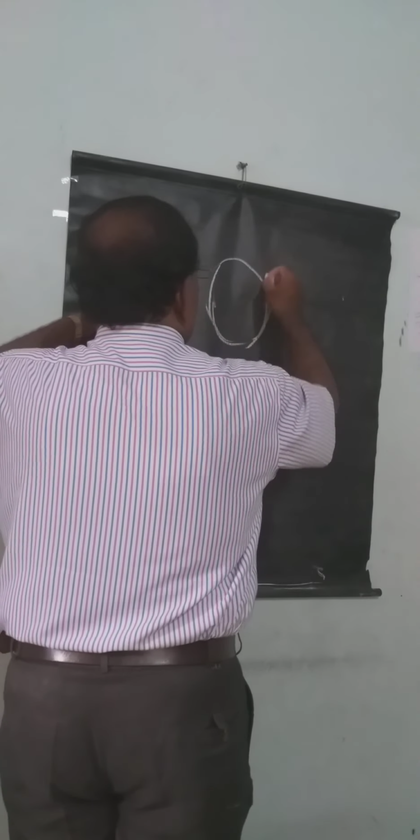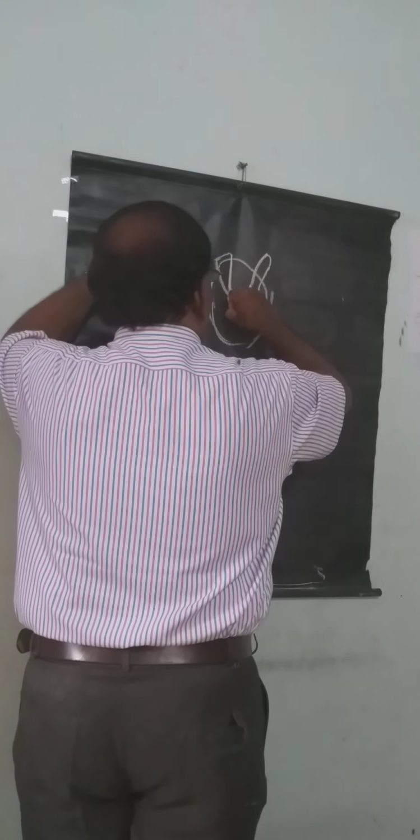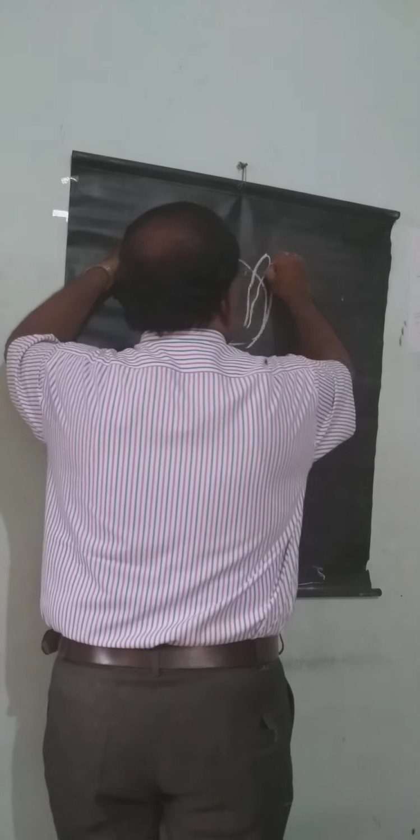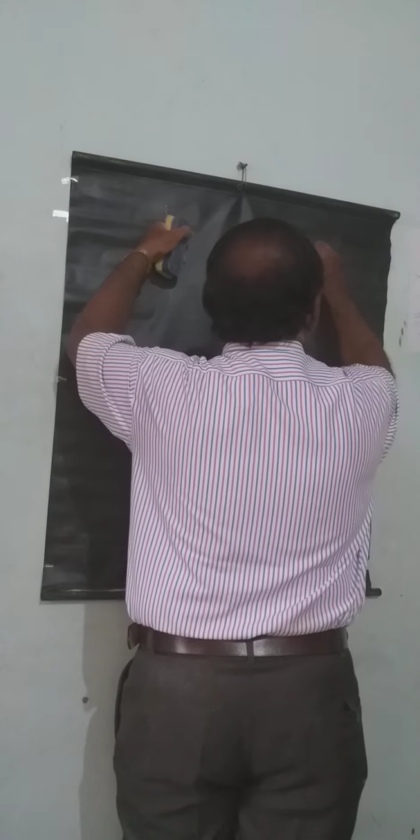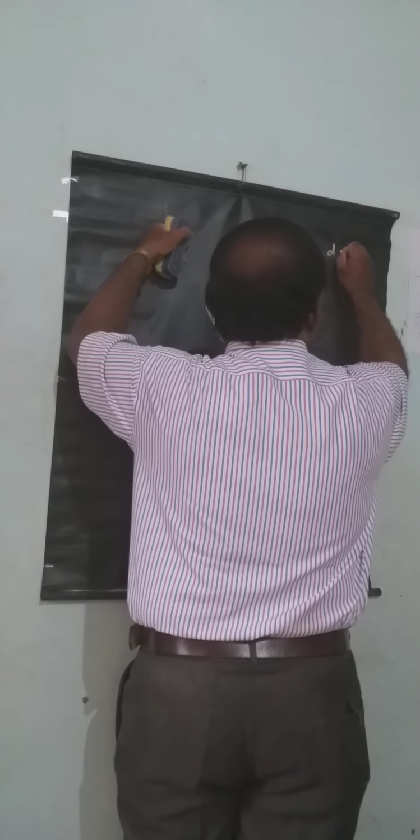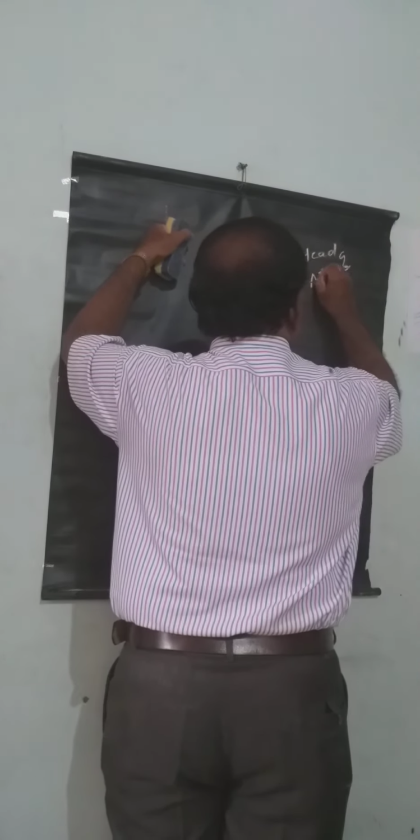In the tympanic membrane, there are two important things you are getting here: the incus and the malleus, a tooth-like structure. That is the head of malleus.